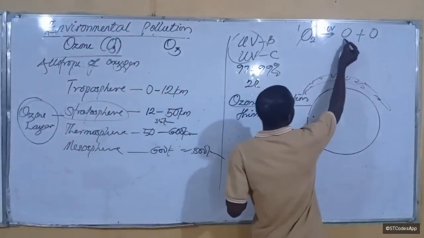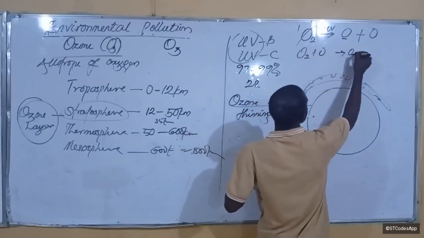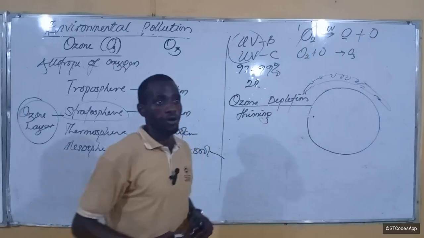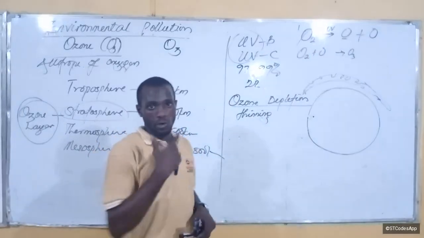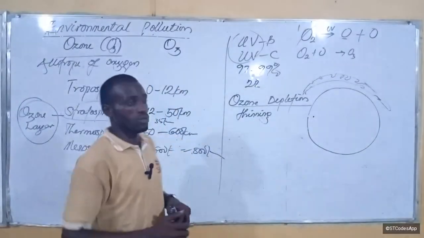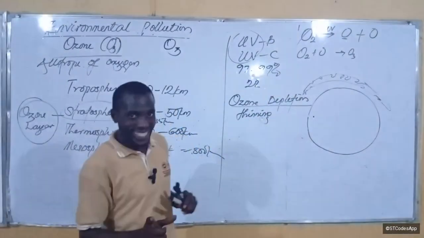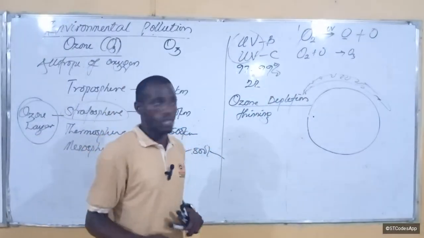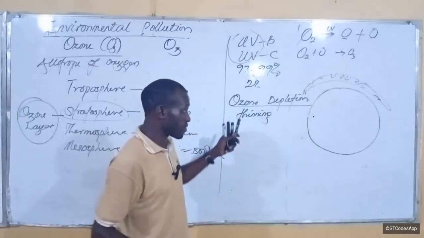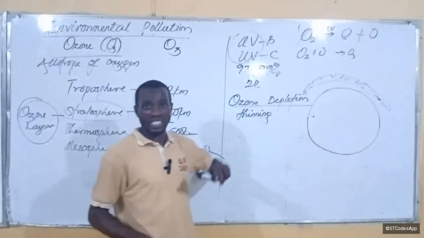So this O will now combine with another O2 to form O3. This process primarily occurs during lightning. Lightning helps to ionize the gases and make them more reactive, and that process both makes and destroys ozone. So that's how ozone is created, a natural phenomenon that shows how it was formed over time.